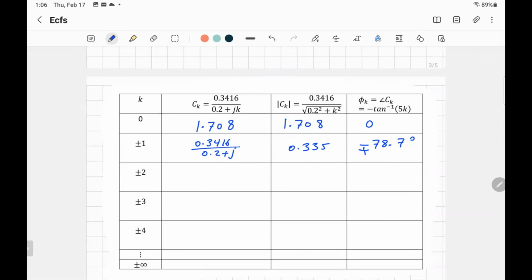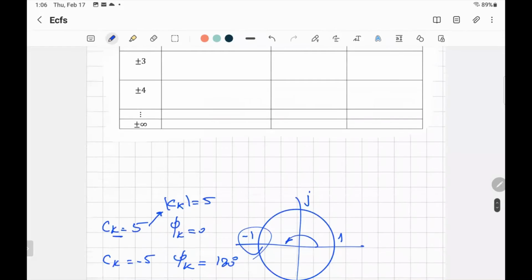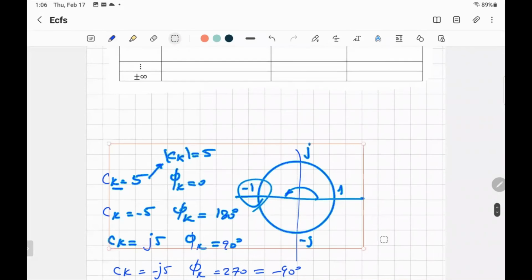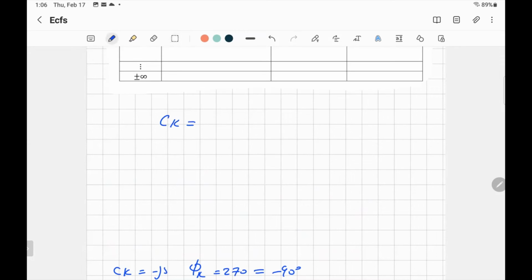Yes. I'm sorry, I'm not understanding. How did you get the angle for K? Okay. Look at CK here. Let me write it down here. CK is given as 0.3416 divided by 0.2 plus JK.